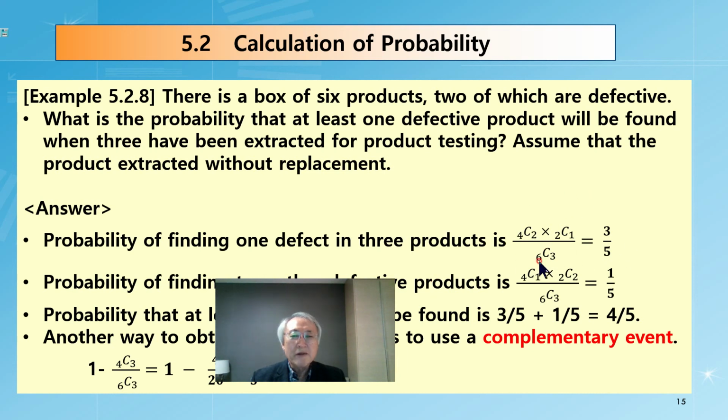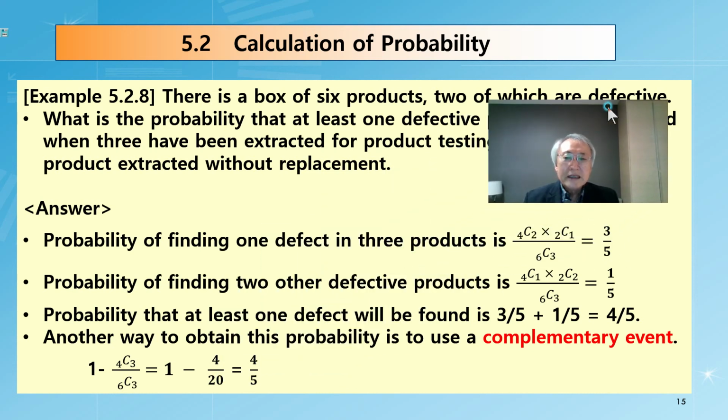This is the probability calculation. And if these 2 are defective, then you may say out of 2 defective items, select 2. Out of 4 good items, select 1. In the selection of 3, it looks like this. We call this hypergeometric probability. We'll discuss that.